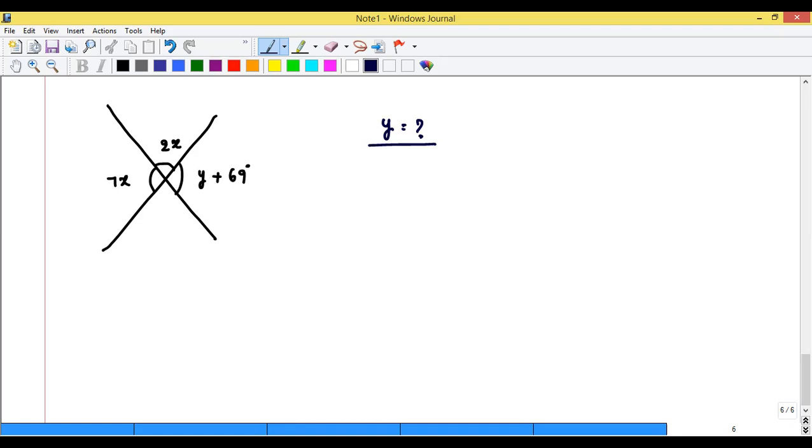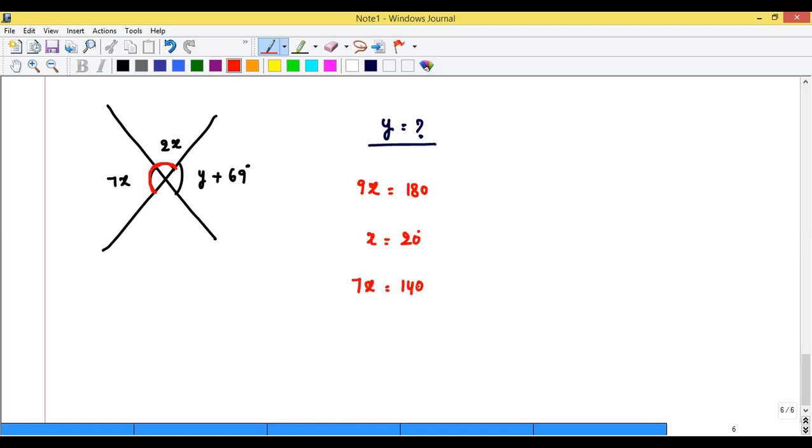Look at 7x and 2x. By looking at 7x and 2x, what you can say about them? What is it forming? Is it not a linear pair? 7x and 2x is a linear pair. What is the sum? Straight line means 180. 9x is equals to how much? 180. What is x equals to? 20. Therefore, what is 7x equals to?